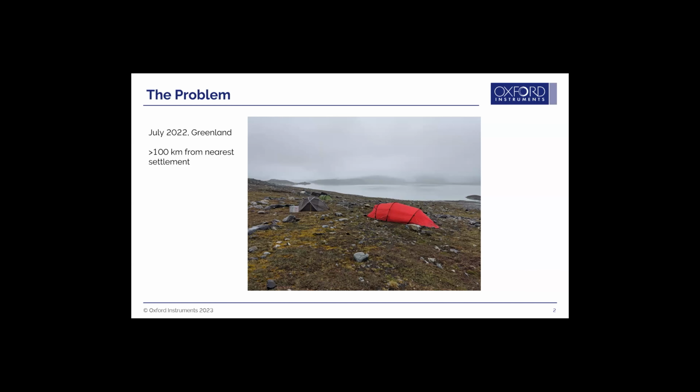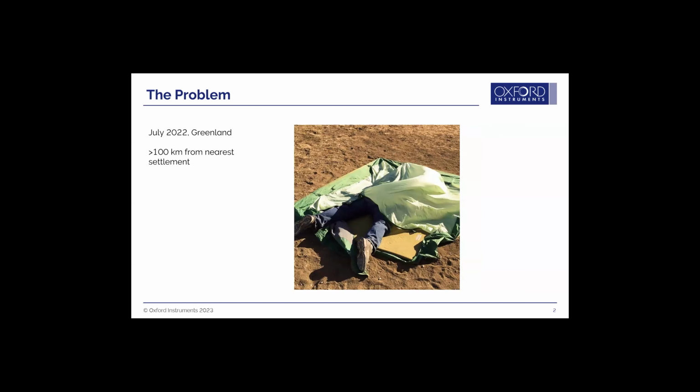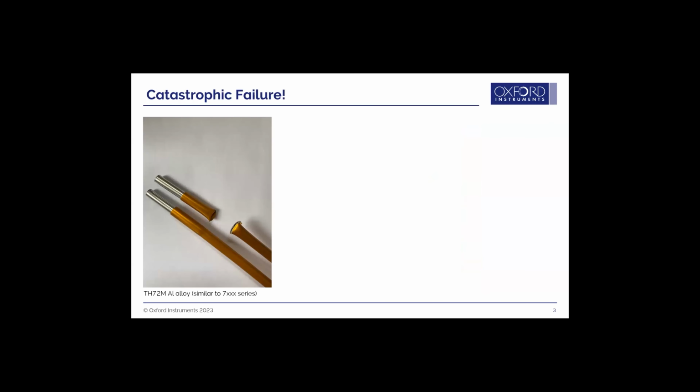But the problem that came up for them is this. That's why their tent's there. And I swear to God, that's not a dead body under that tent. It scared me the first time I saw the picture to some extent. But effectively, you've had a tent pole that just absolutely snapped dead in half. And if you look at the part, that's what you're dealing with right there.